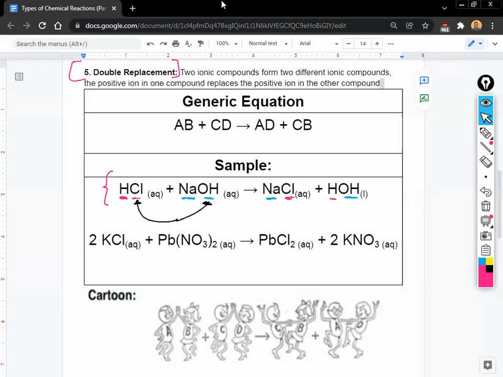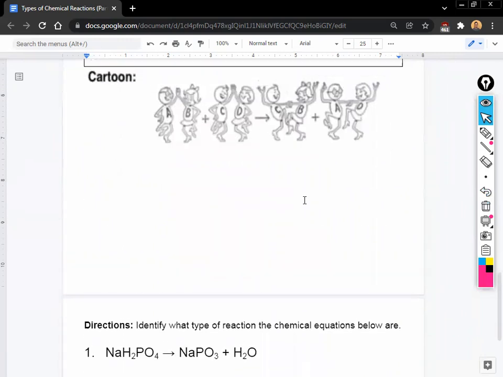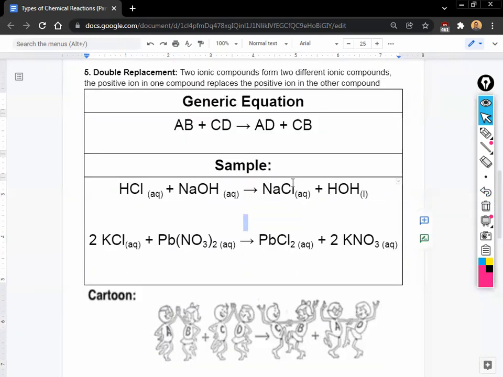All right. So we got our 5 different types of equations. Now we're just going to take some time to practice identifying the chemical equations and what type of reactions there are. I'm going to give you 5 different chemical equations, and you don't need to copy the reactions.